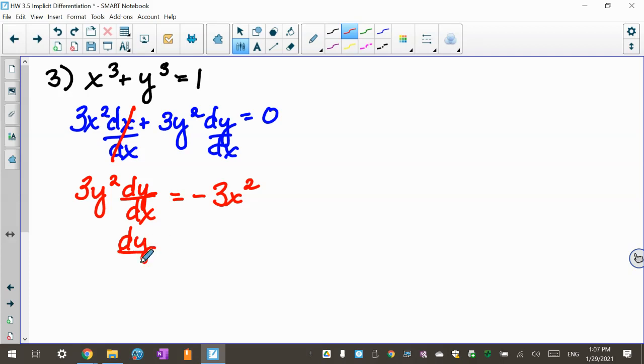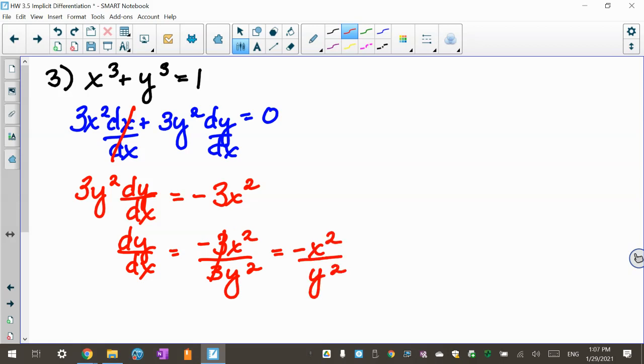So I have dy over dx. It's going to equal negative 3x squared over 3y squared. And when I do that, this cancel makes a 1. So it's negative x squared over y squared. So that's number 3. That was kind of fun. Wasn't that involved? All right, let's try 5.